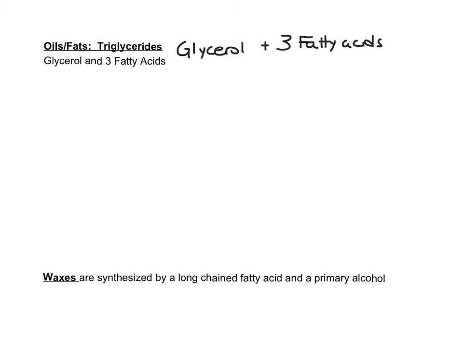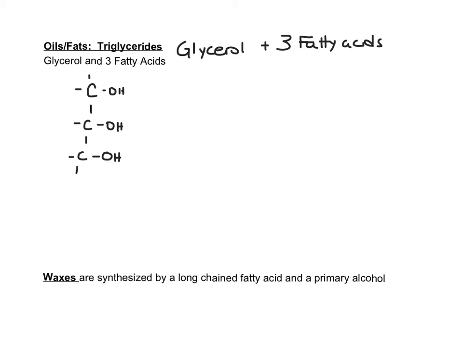Okay? And so when you're adding the glycerol and 3 fatty acids, you have a glycerol. Glycerol is a 3 carbon alcohol, and each carbon has a hydroxyl group attached to it. So you've got 3 carbons, 3 hydroxyl groups, and then you're going to add a fatty acid to each one of those.